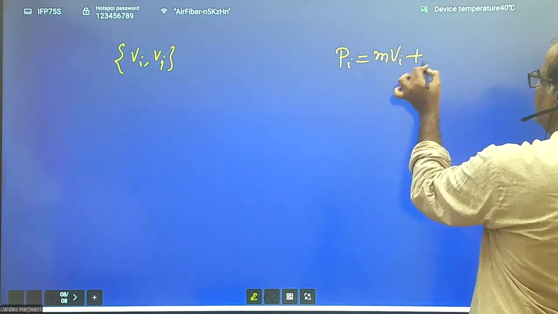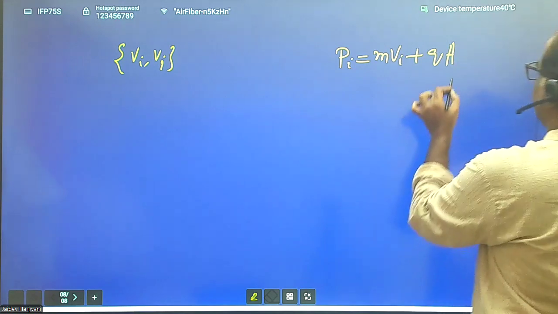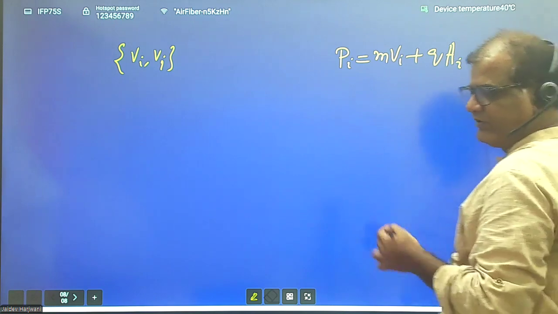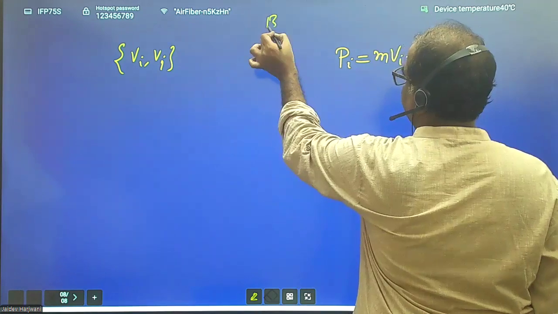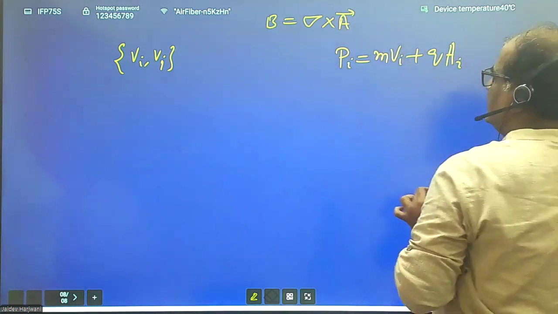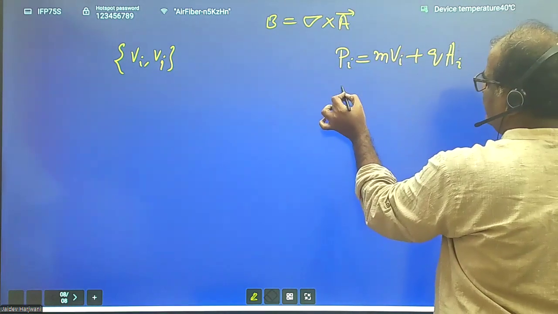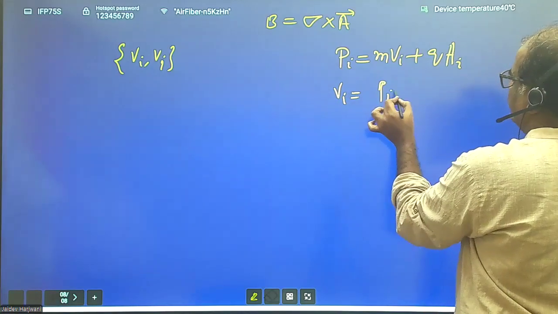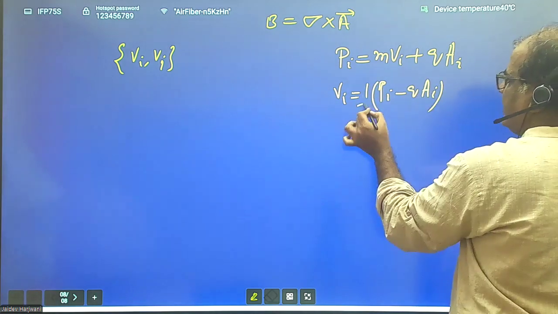I have to add one term because of the magnetic field. So pi becomes m vi plus q ai, where a are the components of the magnetic vector potential, and B can be calculated using del cross A. So this is the expression for the canonical momentum, and here I can find the vi value.